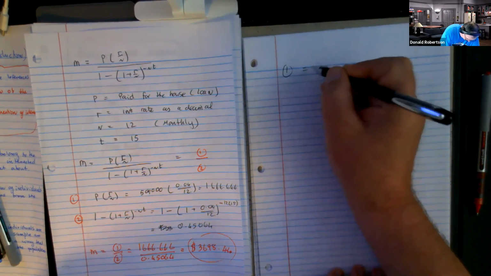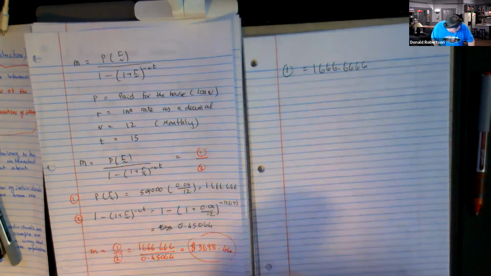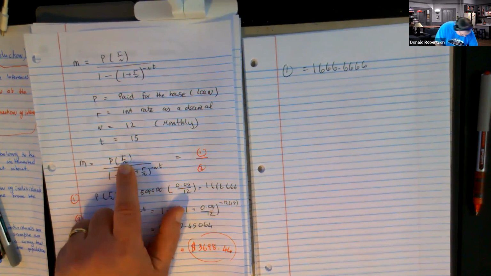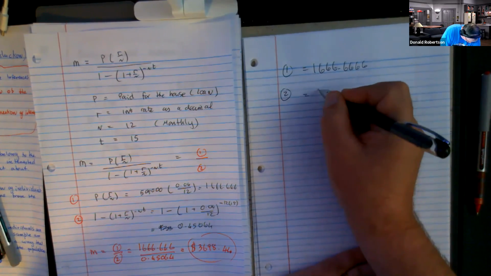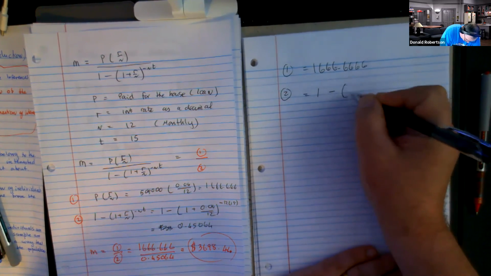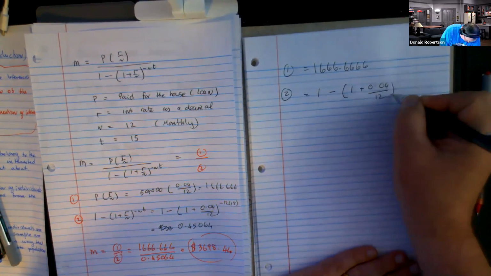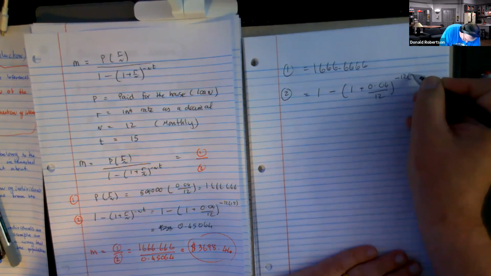Number 1 is still going to be that guy, because it's still 500,000, still the same interest rate, still 12. Now the 2 is going to be where the change happens. So it's going to be 1 take away 1 plus 0.04 divided by 12 to the power of negative 12 times 30 years.